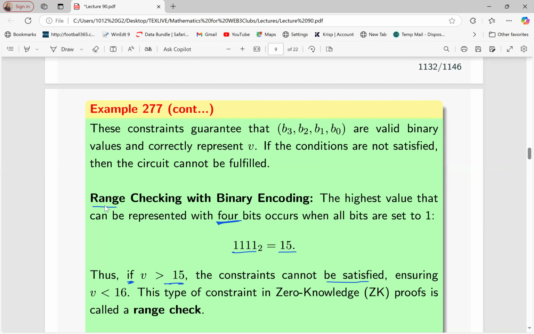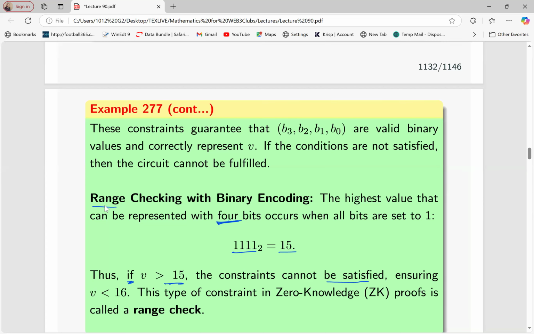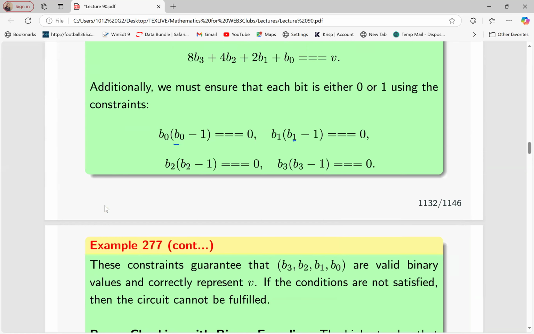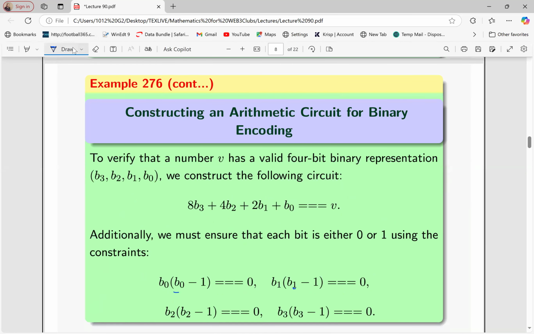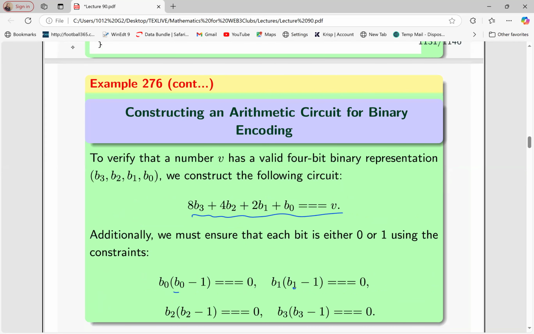Let's just go back and see what the constraint was for 4 bits. The first constraint for 4 bits was this. So this is a 4-bit number, and this is a constraint. It equals V. So in our case, V is 15.